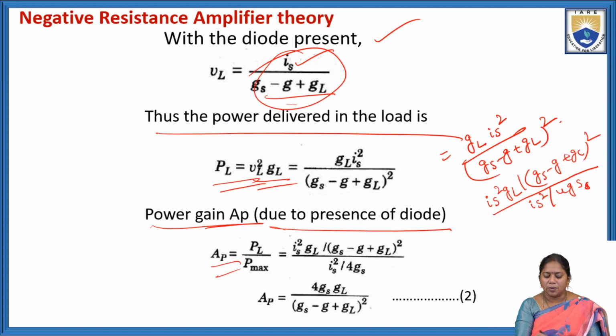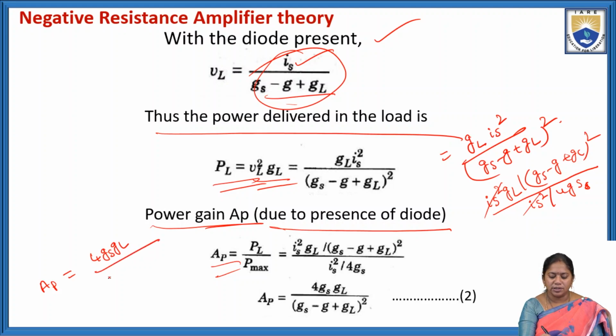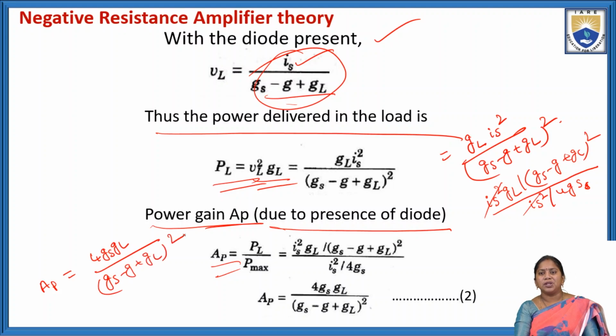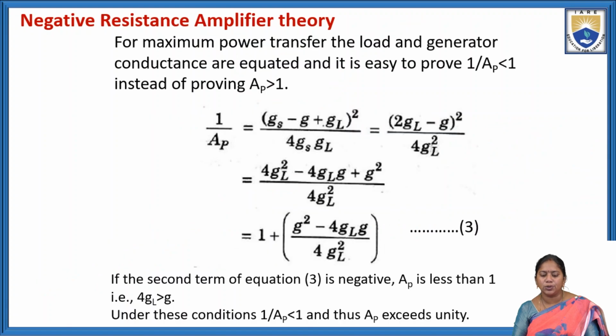IS square cancels, so the power gain AP equals 4 into GS GL divided by GS minus G plus GL whole square. That is equation 2.